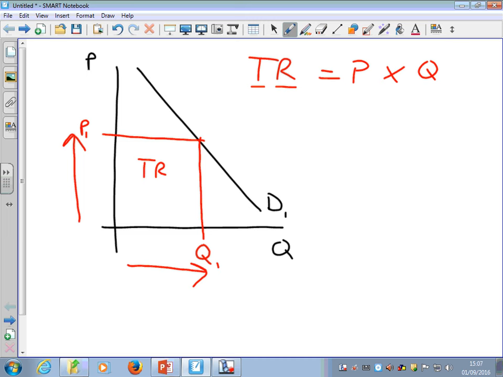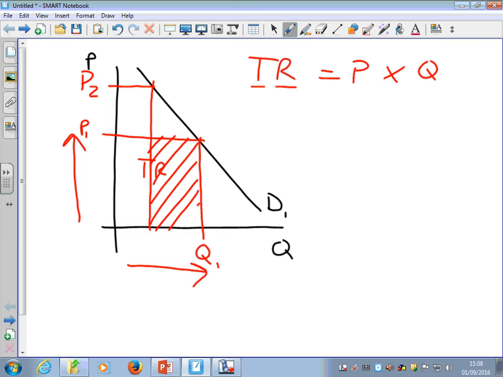Now think about what that then means. Let's imagine a business got greedy and they increased their price to P2. Demand would fall, some people would no longer want to buy the product. And what we get is this thinner, more rectangular box, which shows me the revenue the business now earns. And look what happens. They've lost this.